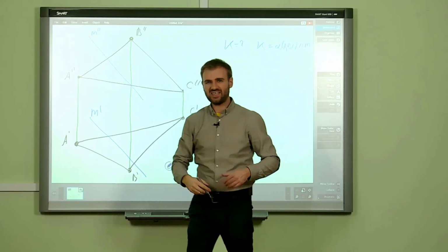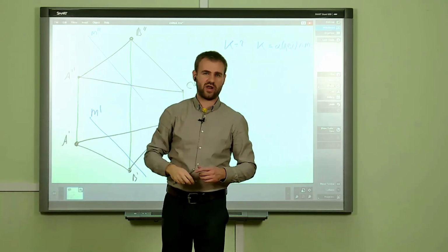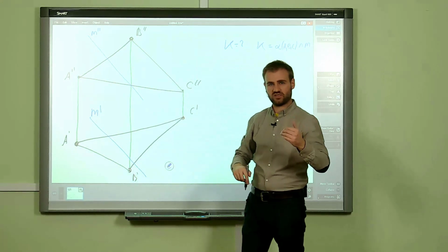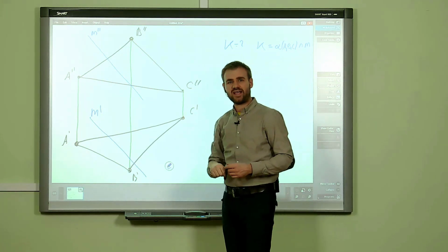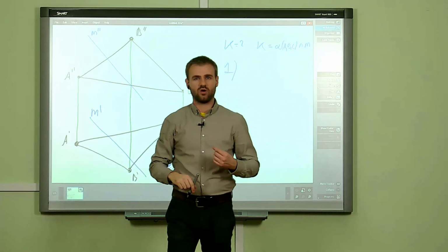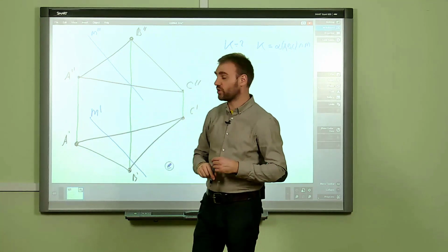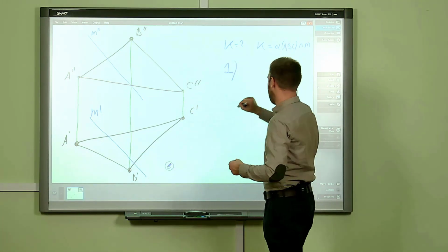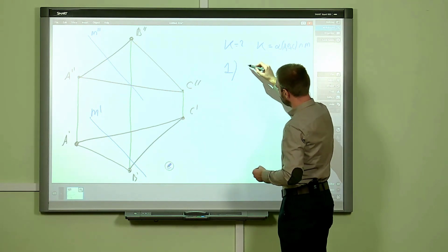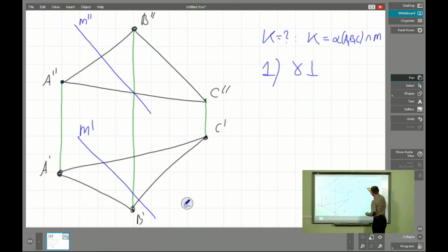Okay? And as we saw it on our animation, there will be 3 steps. First step is connected with introducing the edge plane which will contain the line M. Okay, it means that we have to introduce edge plane gamma, which will be perpendicular to P1 or which will be perpendicular to P2.